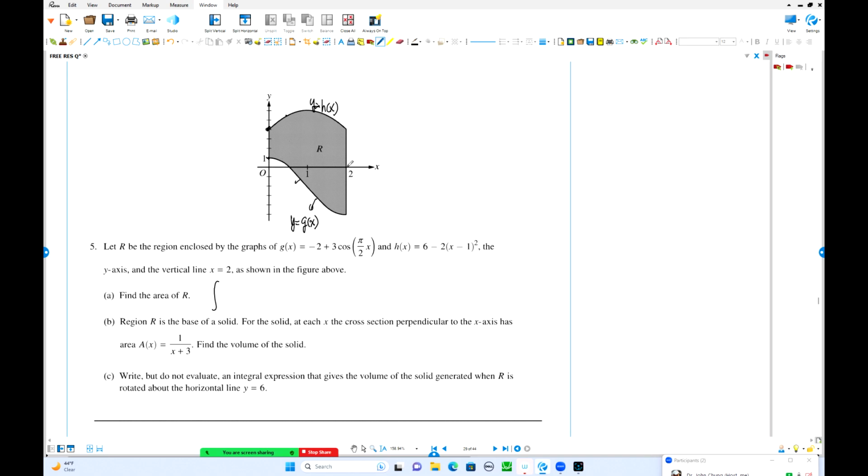So from here we have x from 0 to 2. The distance is top minus bottom, so we use h of x minus g of x.